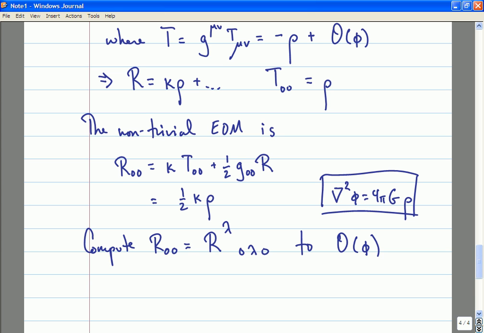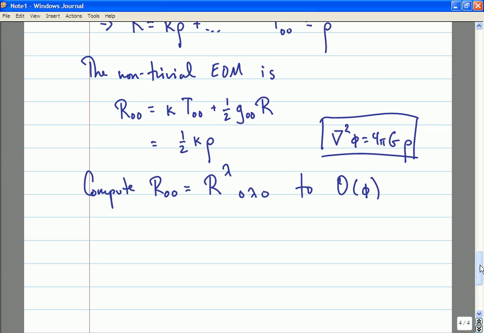The Riemann tensor is a combination of the derivatives of the Christoffel symbol and the square of the Christoffel symbol. So the first thing we need to do is compute the Christoffel symbol to order phi.